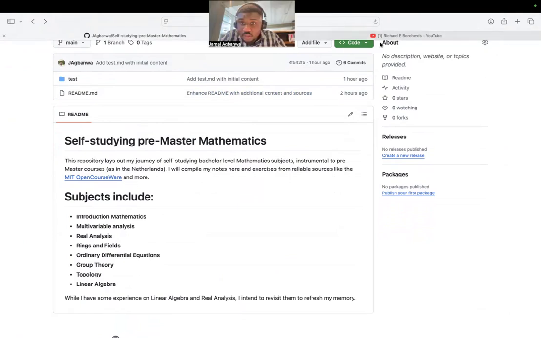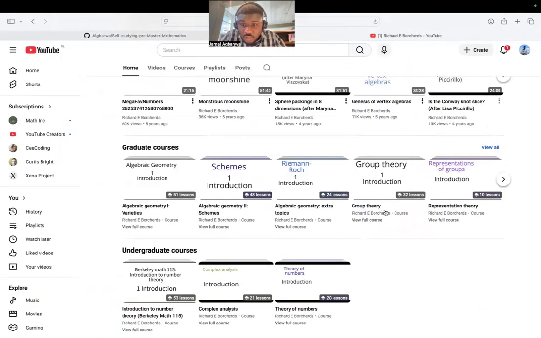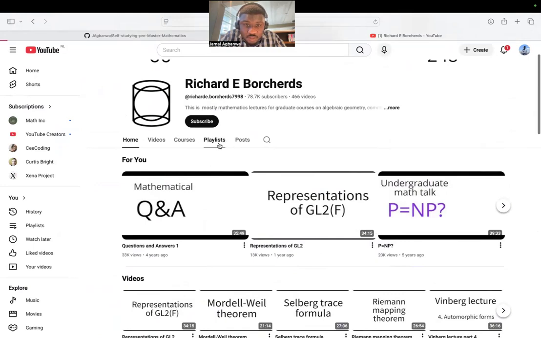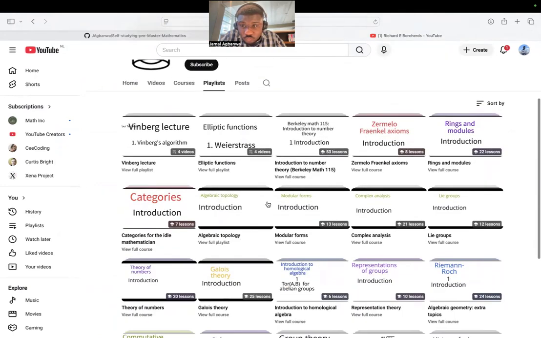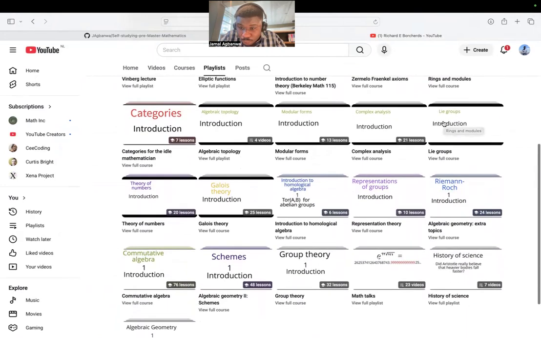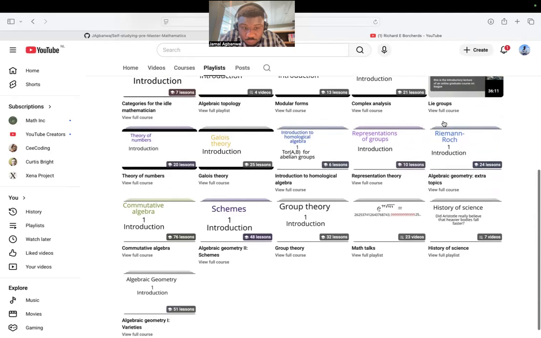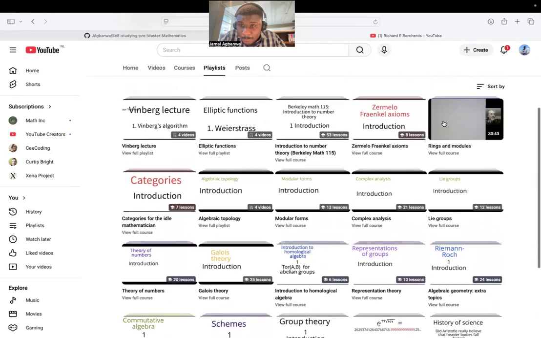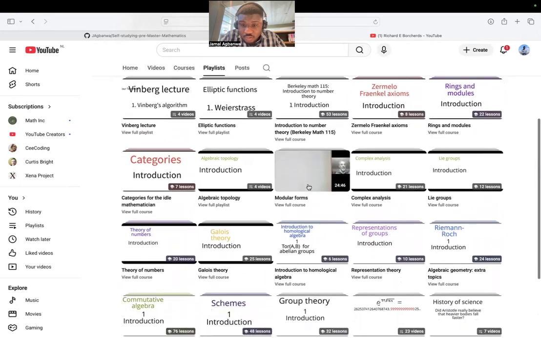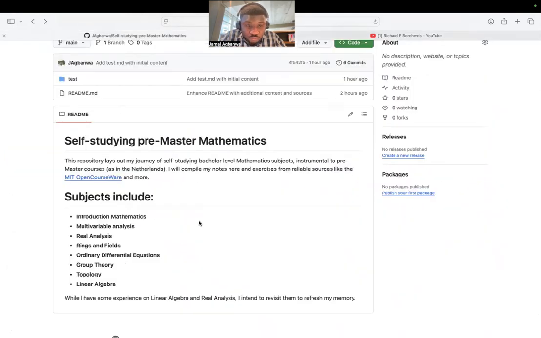It's also useful for group theory, I'll use it for group theory too. And there's also a playlist on rings and modules. These are also rings and modules, which should be relevant. I would include all those references over here too.